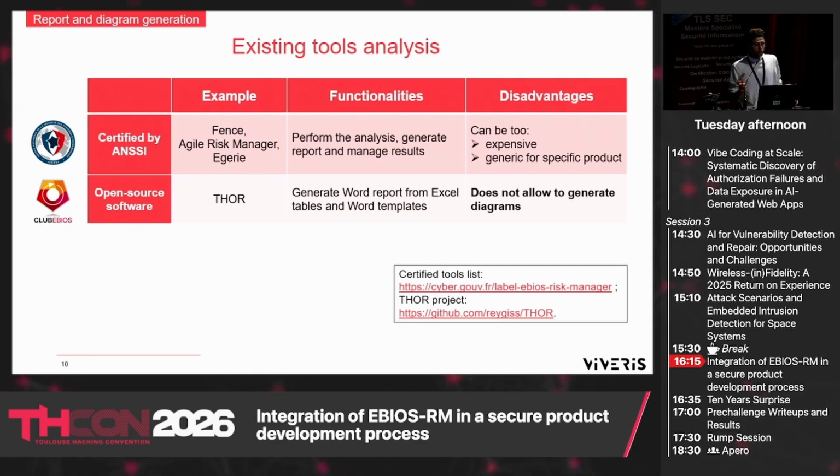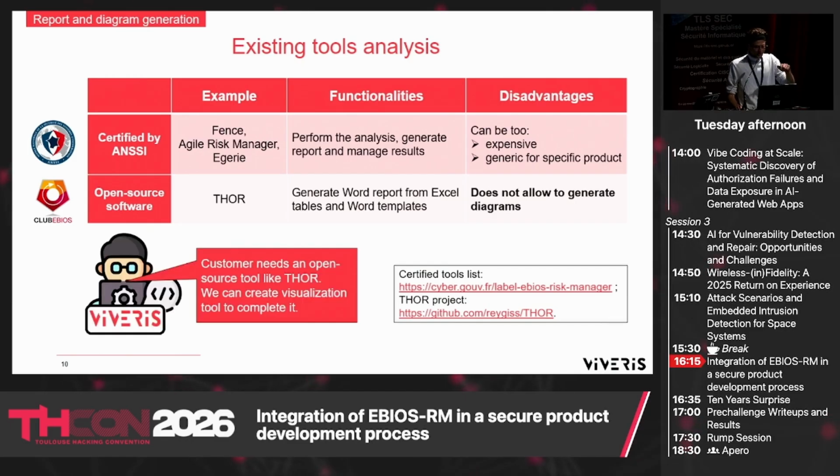And in the output, we have a Word report. But there is a big limitation because we can't generate diagrams. So we decided to complete Thor and create our own diagram generation tools.